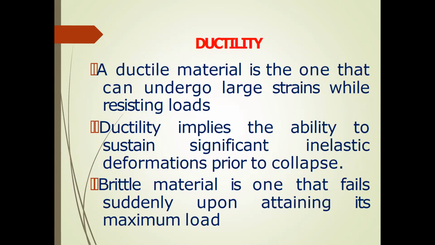they yield. Ductility. A ductile material is one which can undergo large strains while resisting loads. Ductility implies the ability to sustain significant inelastic deformations prior to collapse. A brittle material is one that fails suddenly upon attaining its maximum load.